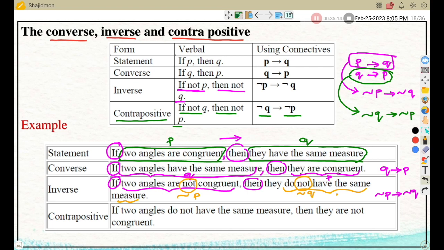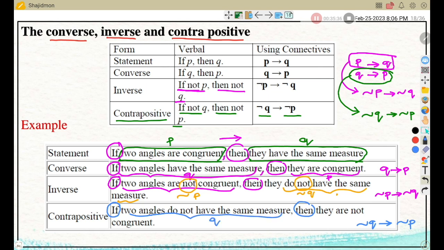Now contrapositive. Contrapositive means negation of Q gives negation of P. Q statement with not and P statement with not. If and then because of the arrow mark. So start with if, and then we write the negation of the Q statement.